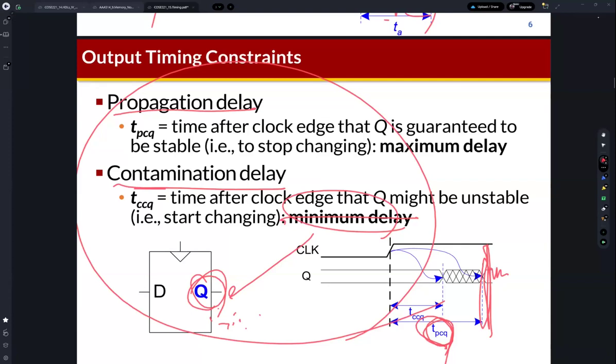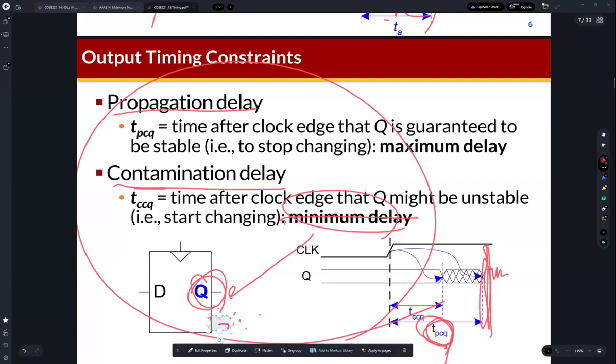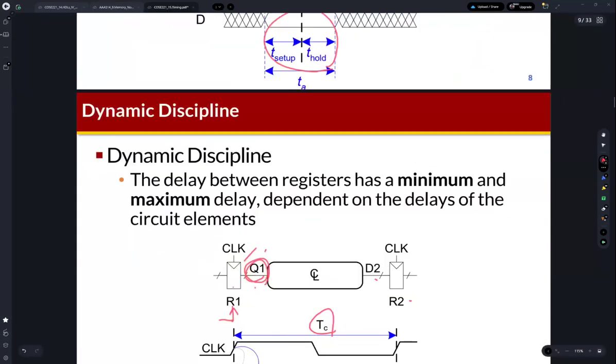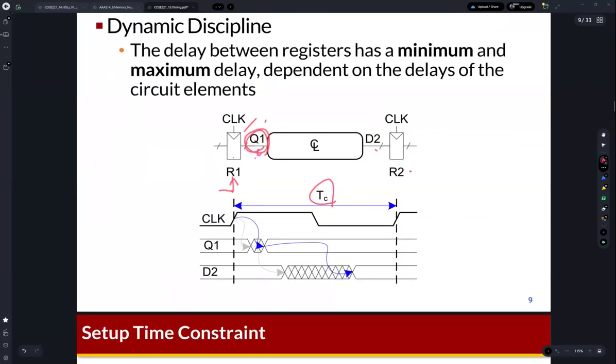This is the maximum delay, and contamination delay of the port Q in D flip-flop, right? So for this Q1, we can calculate the minimum delay and maximum delay.